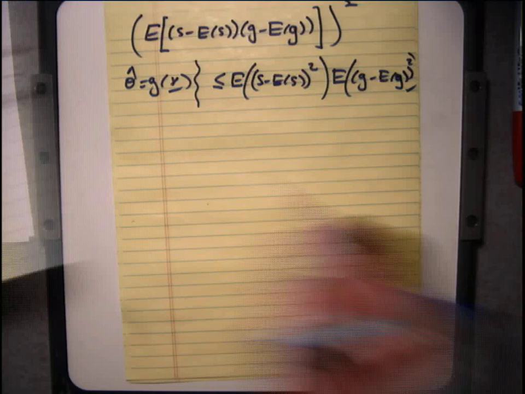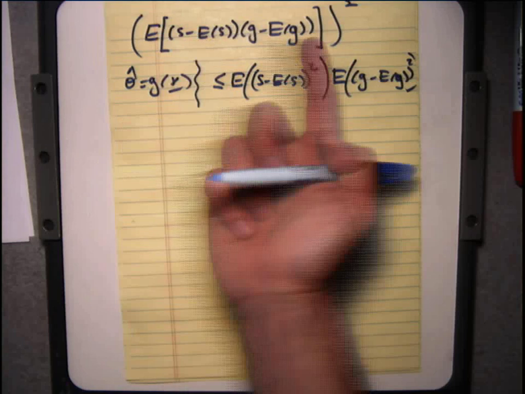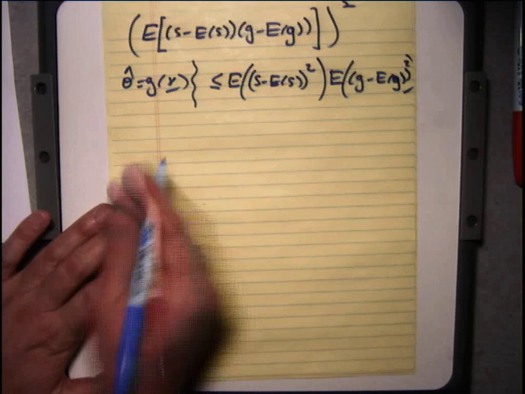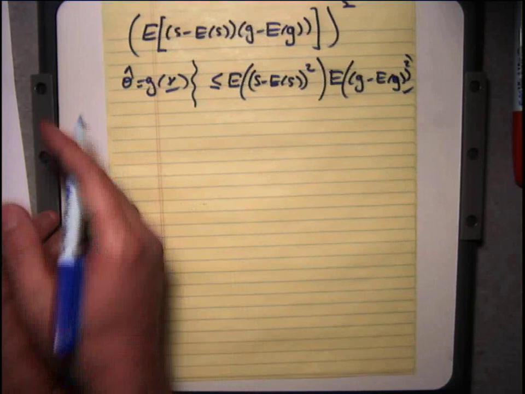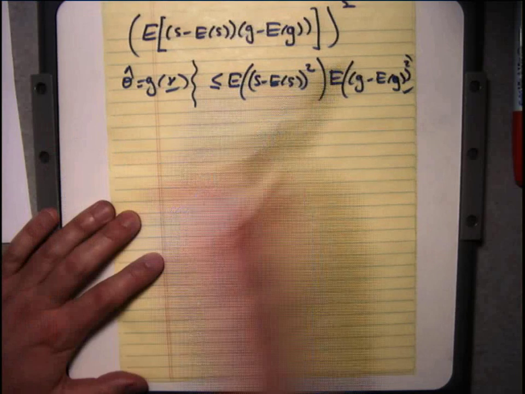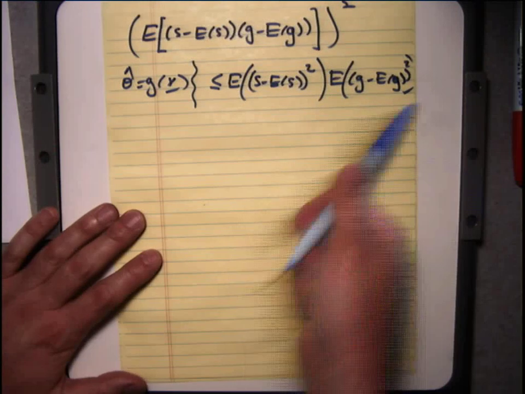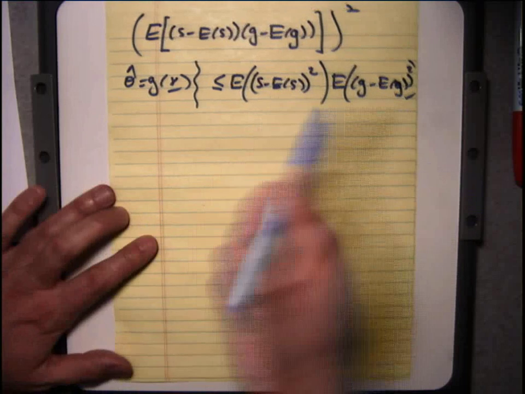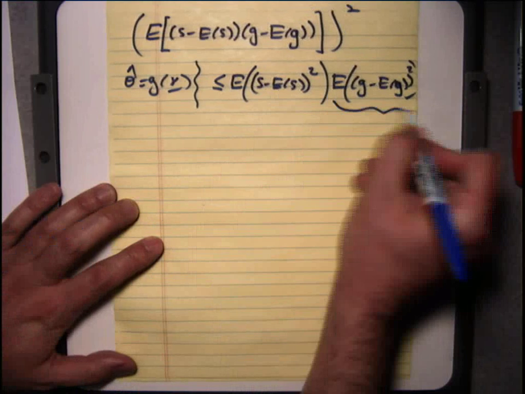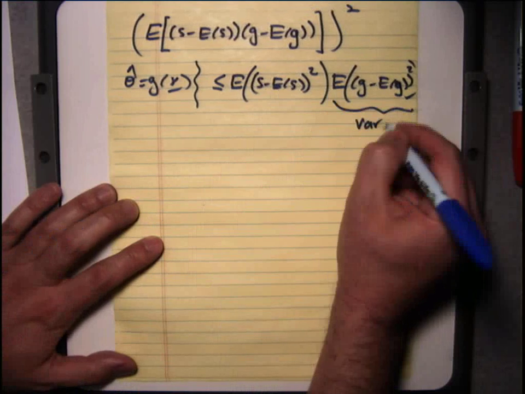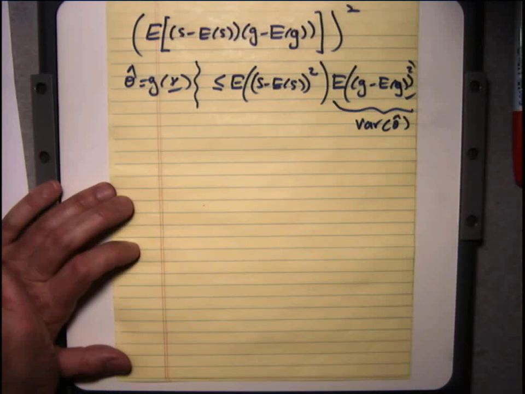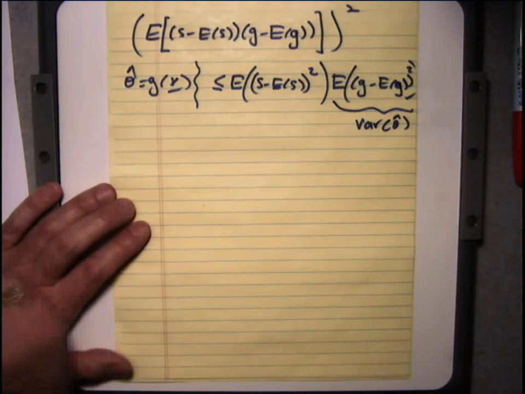X and y are simply this guy and this guy, and everything is a scalar as far as we're concerned. Now I'm going to expand the left-hand side and play around with the right-hand side as well and see what we get. This, by the way, is simply the variance of theta hat, because g is just theta hat.